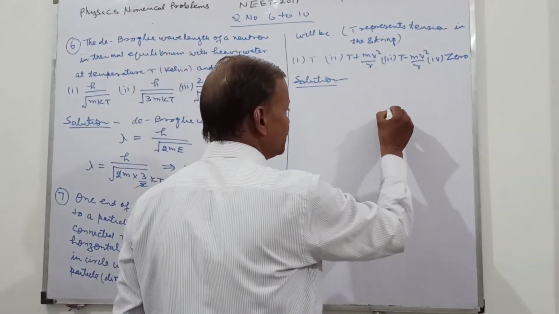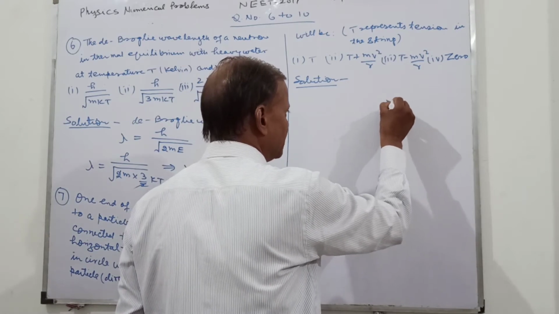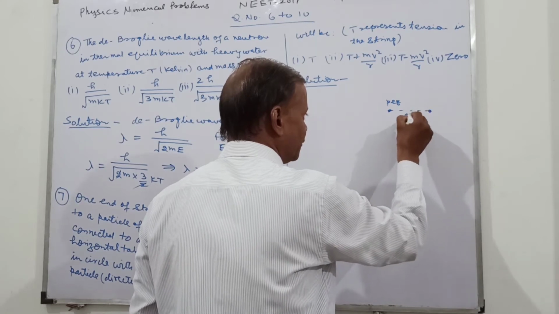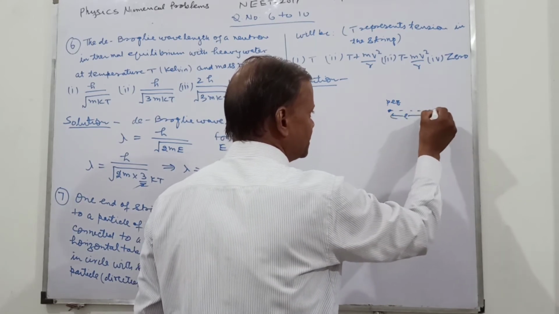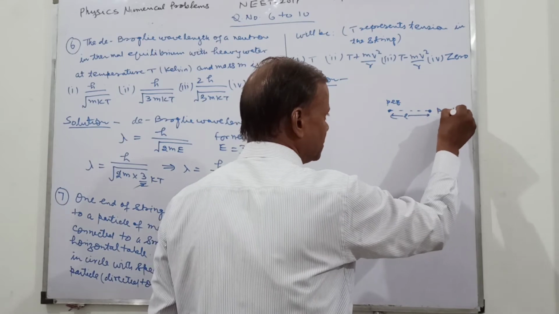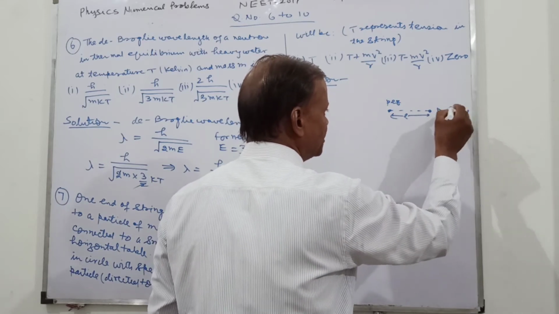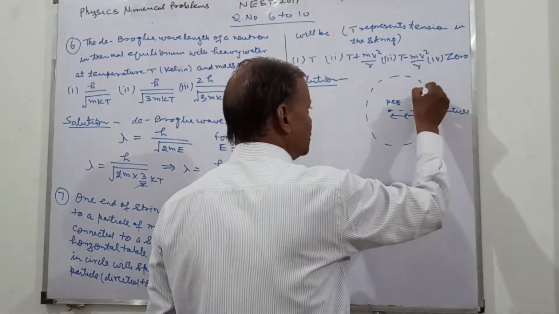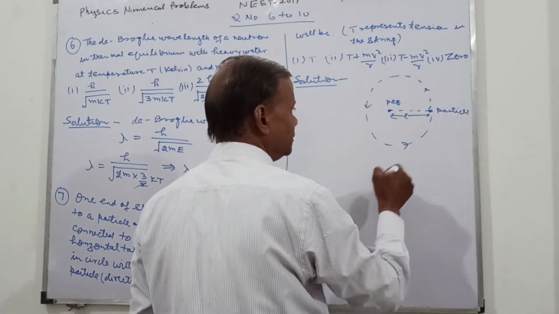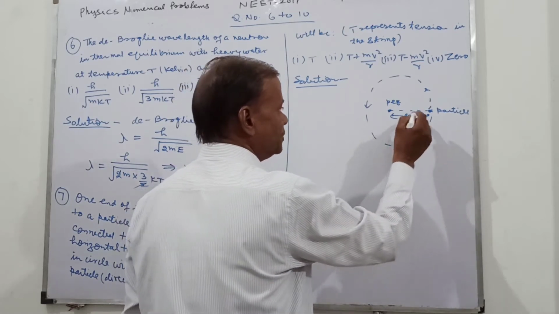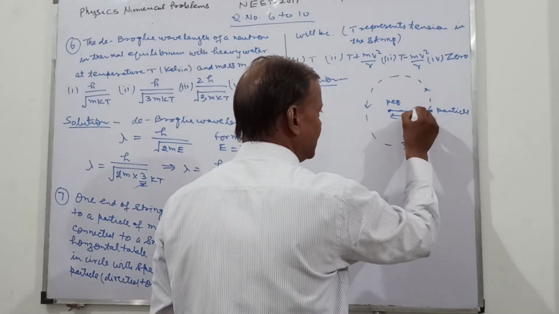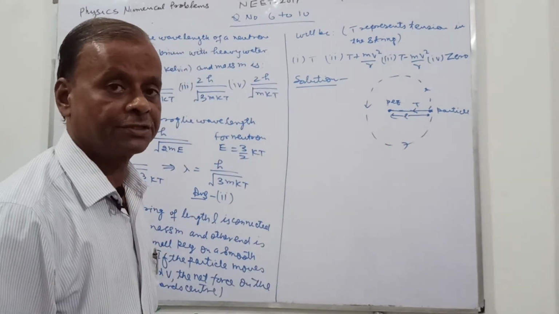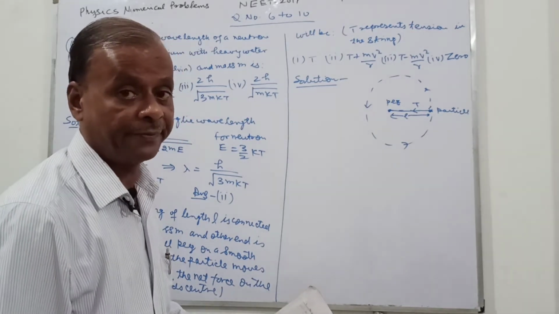Suppose this is the peg, this is the string of length L, this is the particle, and the particle is moving like this. In the string there will be tension T towards the center. Tension always acts towards the support. This you have to remember.